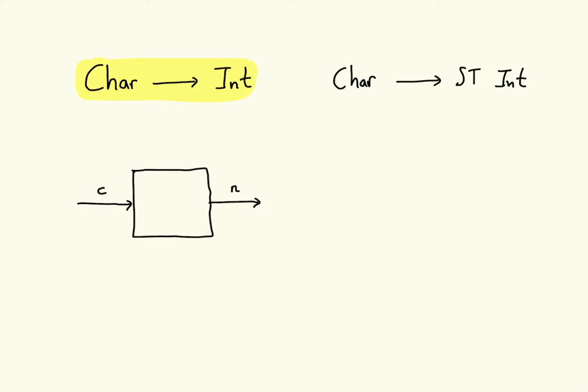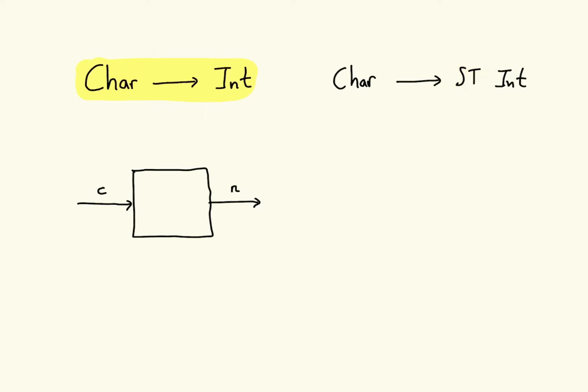So let's now think about the kind of functions on the right-hand side. These also take a character as an input, and they also deliver an integer as an output, but we have this st guy involved as well. So what's actually going on with this? We know what a state transformer is. A state transformer is a function that takes a state as an input and then gives back a result value, here an integer, and then a possibly modified state.